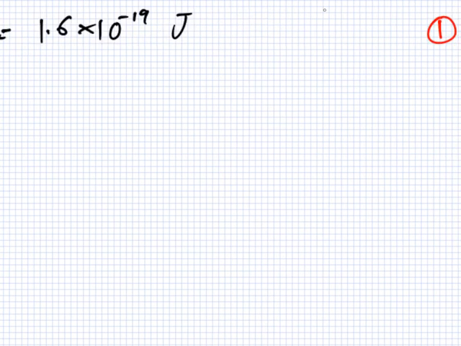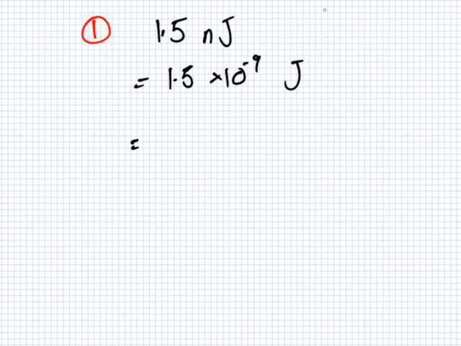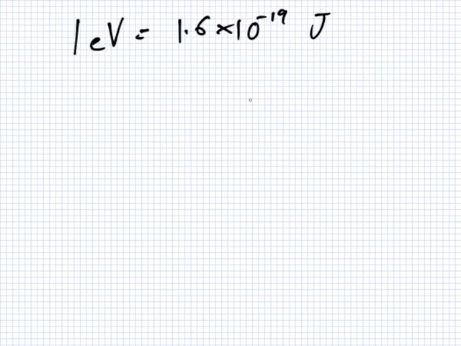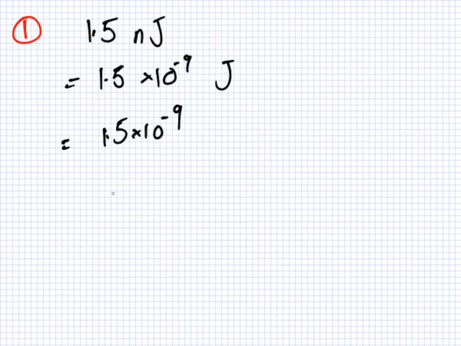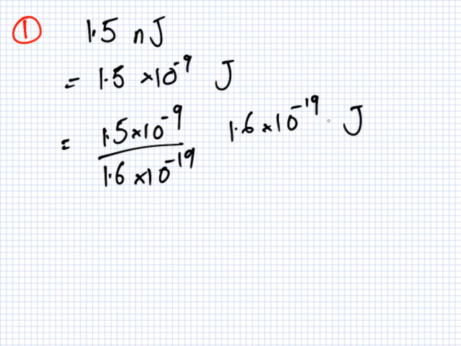So if we go back here, I can do 1.5 times 10 to the minus 9, and then what I mean to do is put a 1.6 times 10 to the minus 19 here, and a 1.6 times 10 to the minus 19 here, joules. And if you look, this here is 1 electron volt.